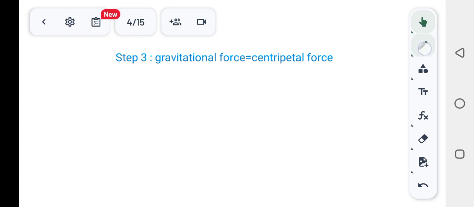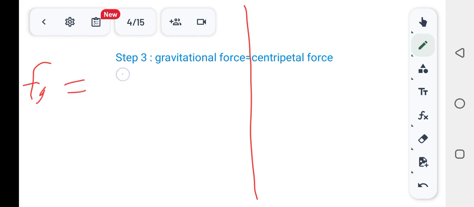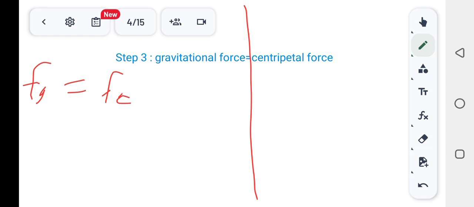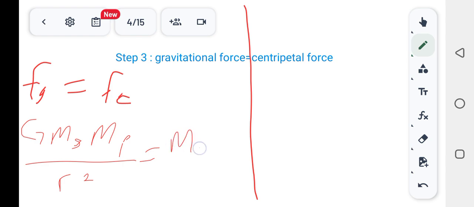When the gravitational force equals the centripetal force, what do we observe? Let me share the board into two.